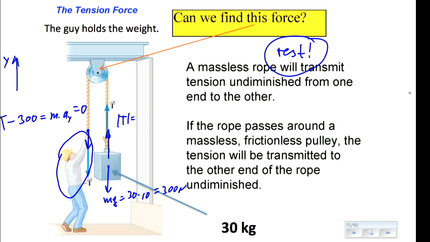But according to Newton's third law, if this is the force acting from hand on rope, and this is the force acting from rope on hand, both have to be equal to exactly the same number.